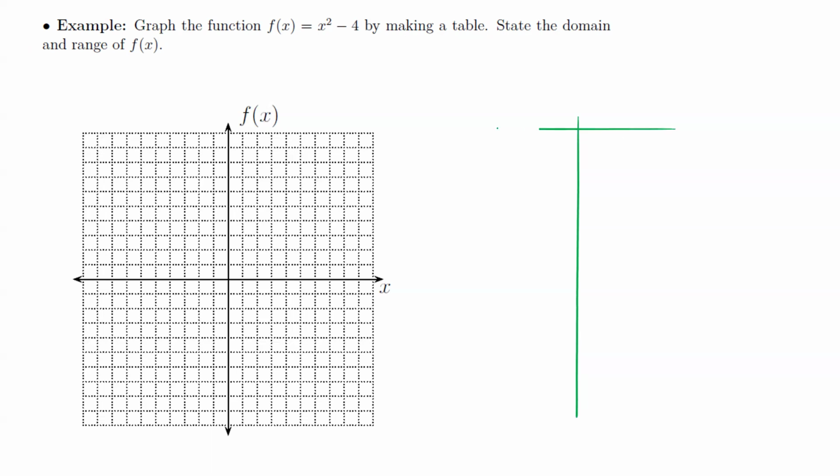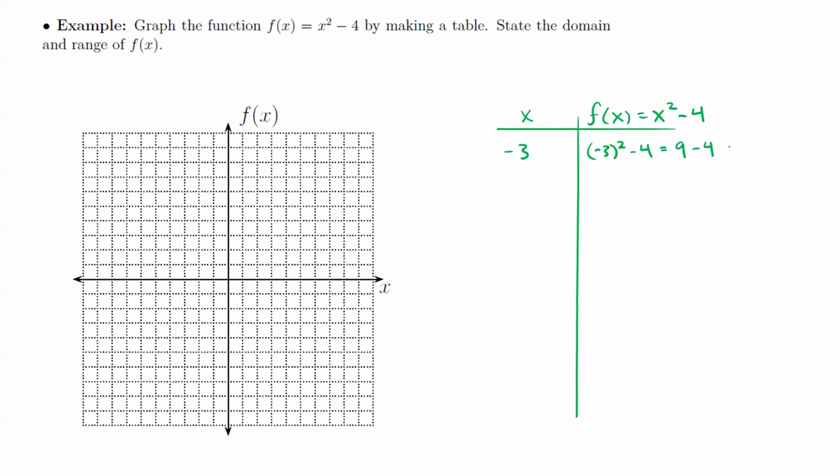So here's a table. So x is here. F of x is equal to x squared minus 4. So we'll plug in some values. If I plug in negative 3 for my x, let's remember that when you square a negative, it turns to a positive.